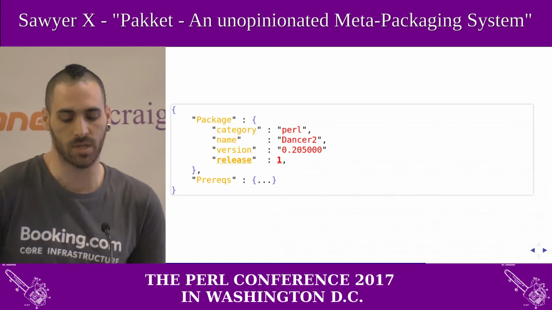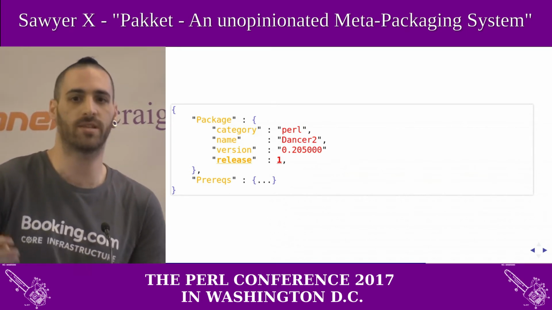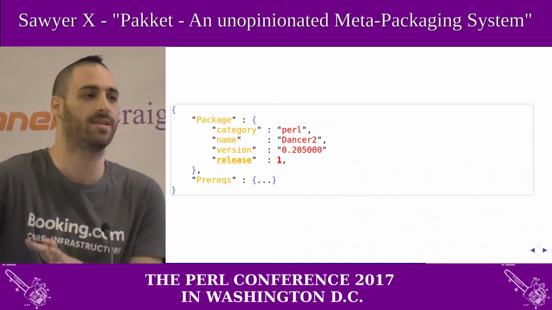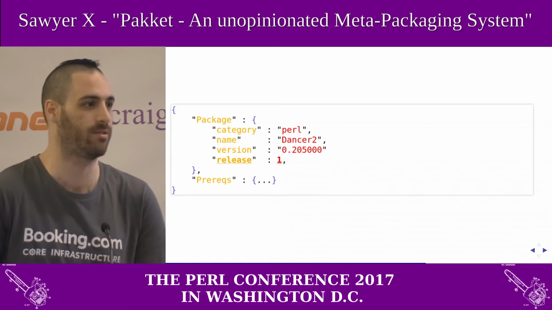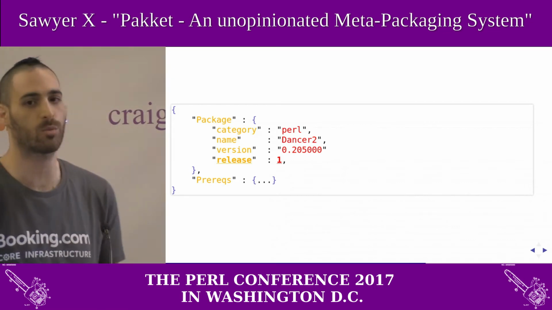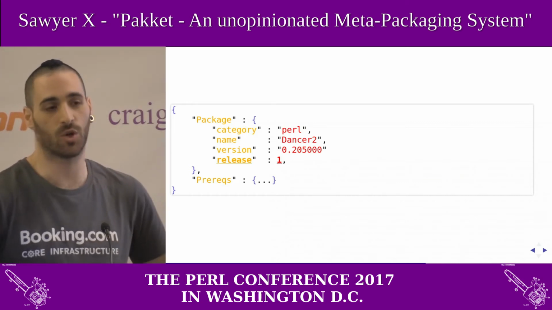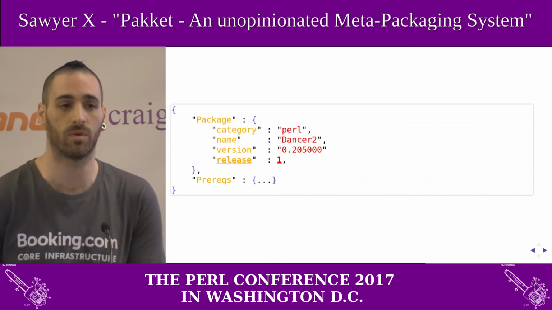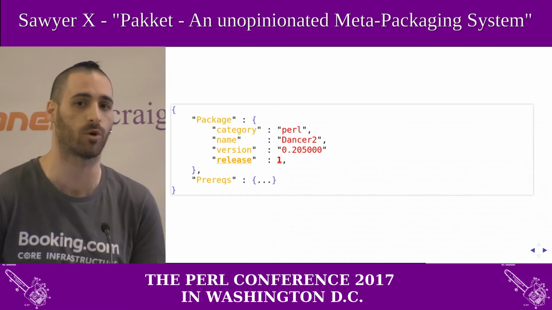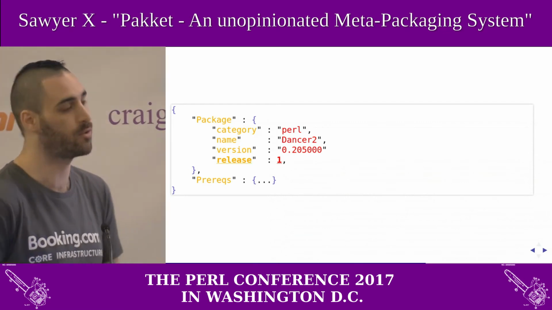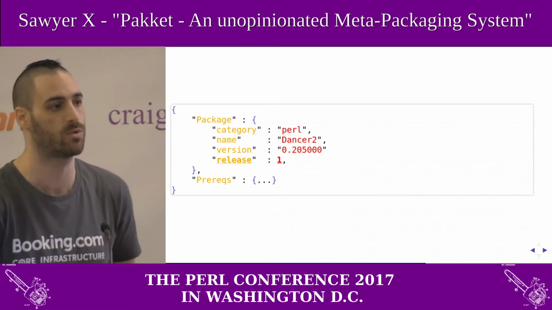But basically, it creates its own instance of Perl with its own local lib in order to run itself completely separate from your environment. Pakket is actually written in modern Perl, and it builds its own version of Perl for itself. So you can put it on any system that doesn't even have Perl. It doesn't use your system Perl until it needs to build, if you didn't provide a specific Perl you want to use in order to build.